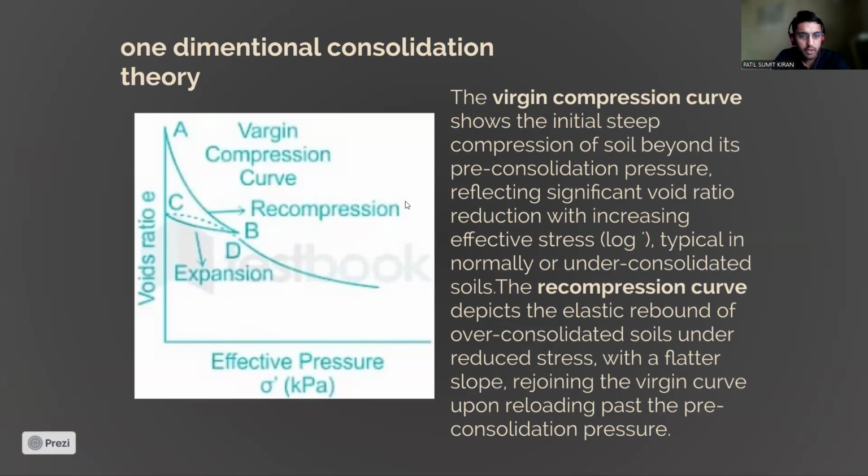Because of that compression, or increase in the effective stress, the void ratio starts to decrease. In the initial step, compression of the soil beyond its pre-consolidation stress reflects a significant void ratio reduction with increased effective stress. So first there is a decrease in volume due to applied effective stresses from A to B.